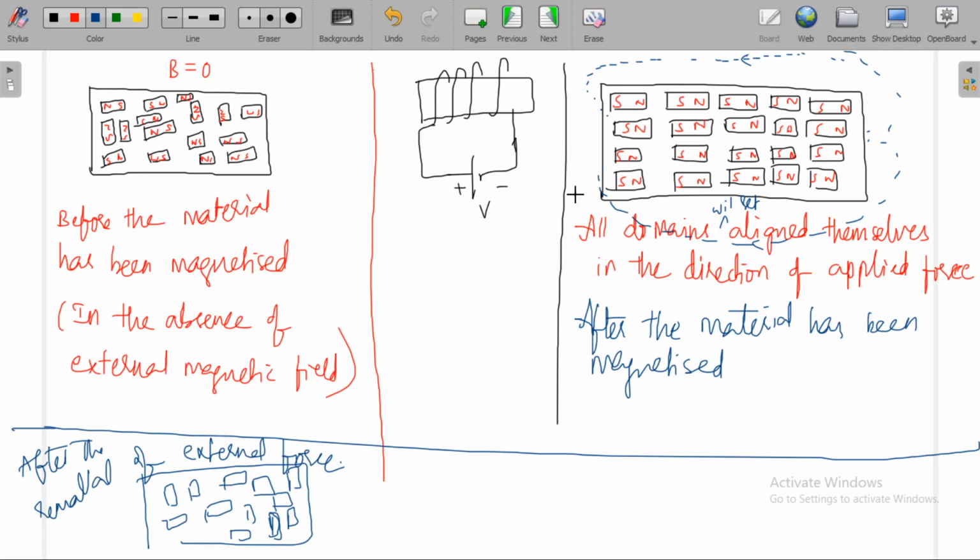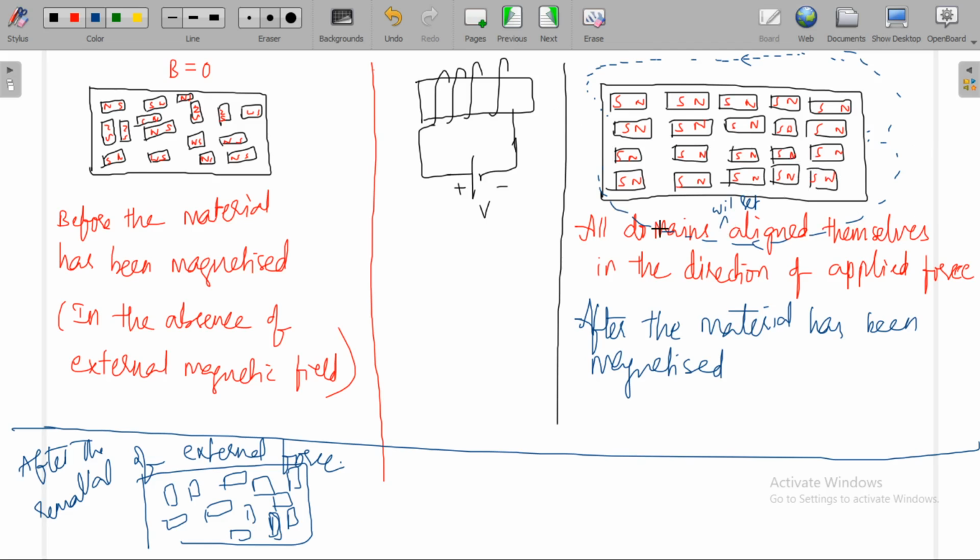As long as the supply is given to this magnetic material, you're going to get the flux.